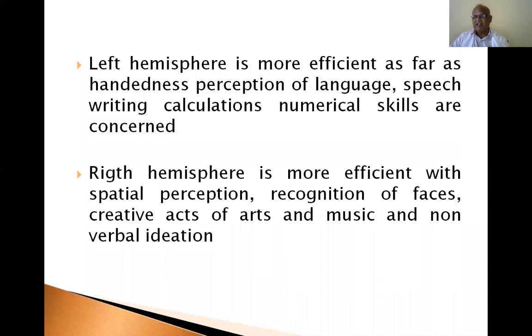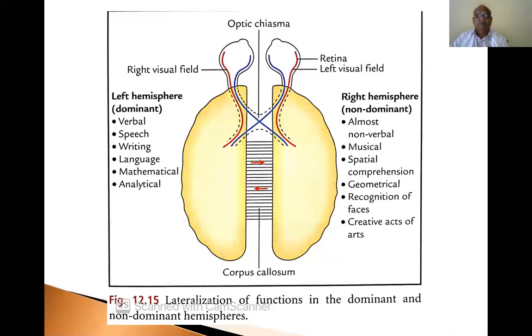That's why he is writing with the left hand. You should not scold the child. You should not force the child to practice writing with the right hand, because his right cerebral hemisphere is dominant. So you should not create confusion. Lateralization of functions in the dominant and non-dominant hemispheres occurs only after 10 years of age.